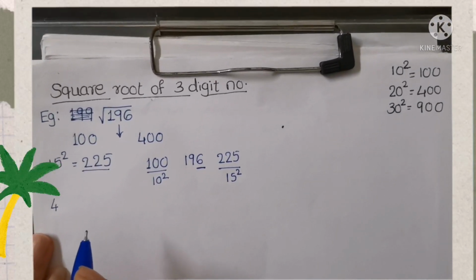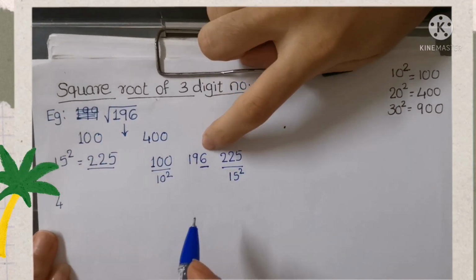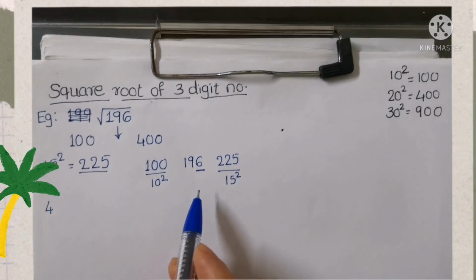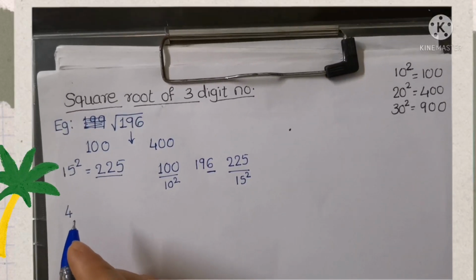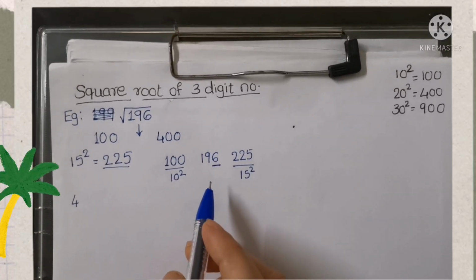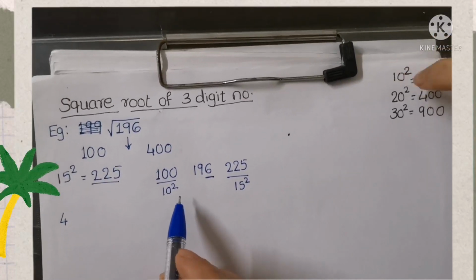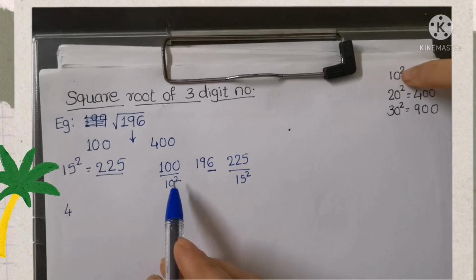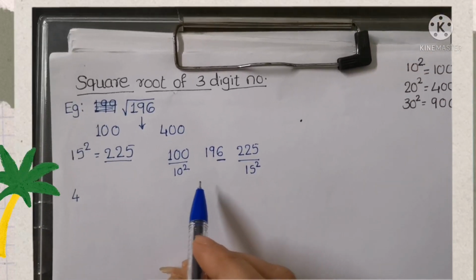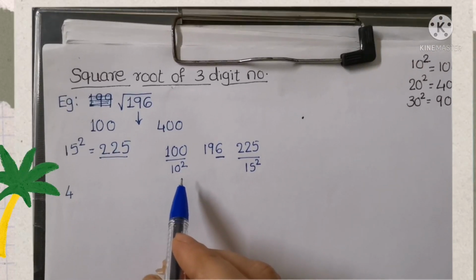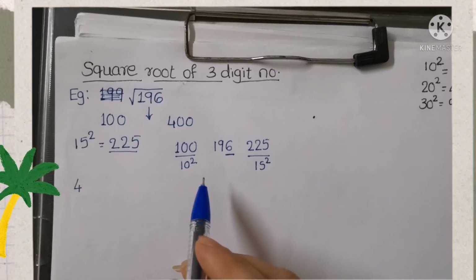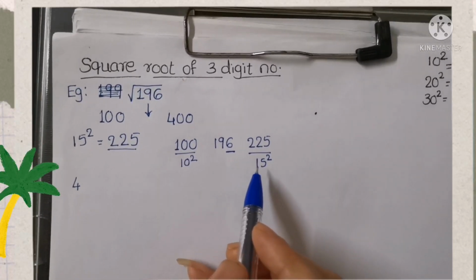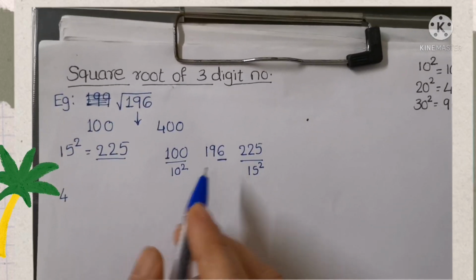From 1 to 10, we have two such numbers. One is 4, which has square 16, and its unit digit is 6. Another is 6, whose square is 36, and its unit digit is also 6.